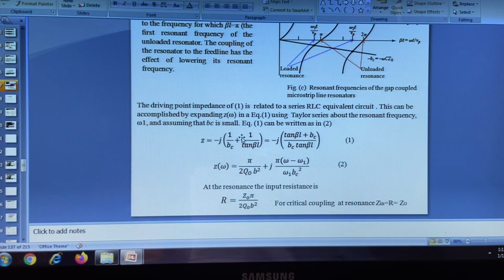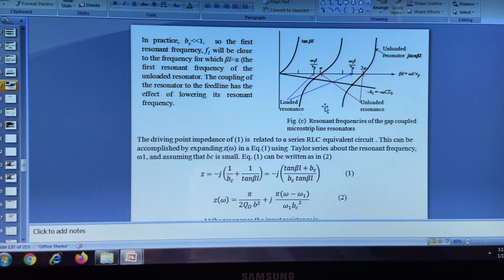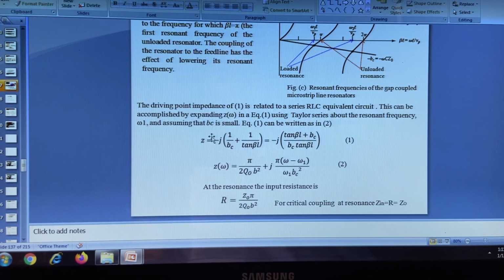That is the effect on the resonant frequency of the resonators. This will happen for most gap coupled resonators. The frequency will be shifted a little to the lower side if you use gap coupled resonators. Now we will see the driving point impedance.